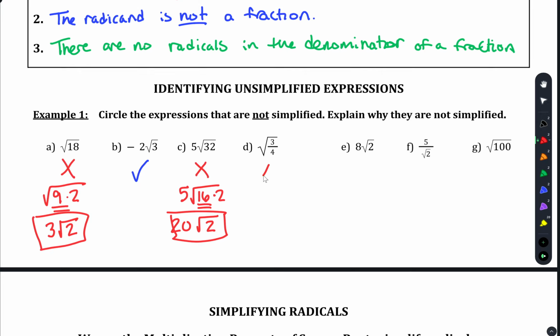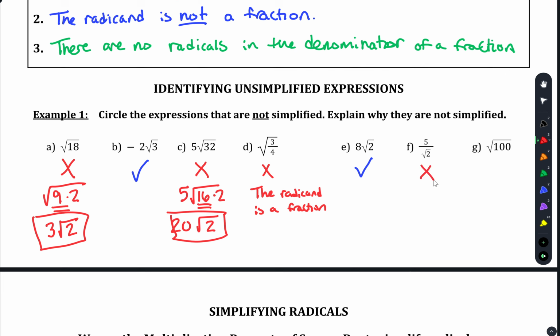Letter D is also not simplified. We haven't really gone over how to simplify these ones yet, but this one is not simplified because the radicand is a fraction. And that breaks our second rule in that box. Letter E looks good to me.